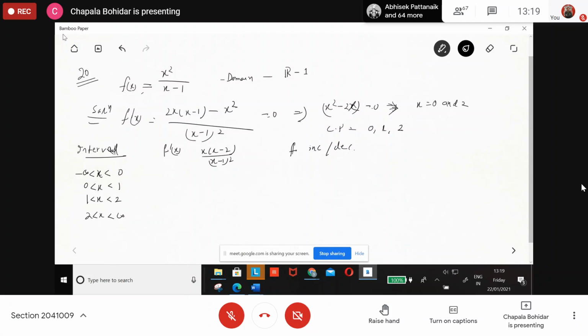From minus infinity to 0, f dash x is positive or negative?